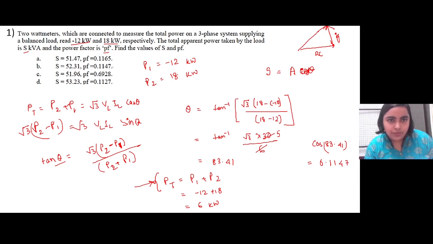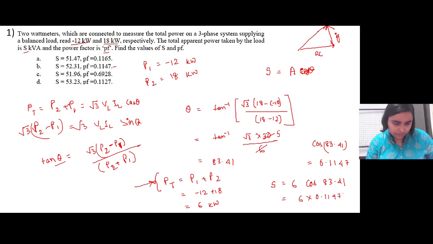We actually have the option from here itself, but let's calculate the value of S. S will be 6 by cos of 83.41. Sorry, the apparent power taken by the load is denoted as S, and we have the value of the real power here.